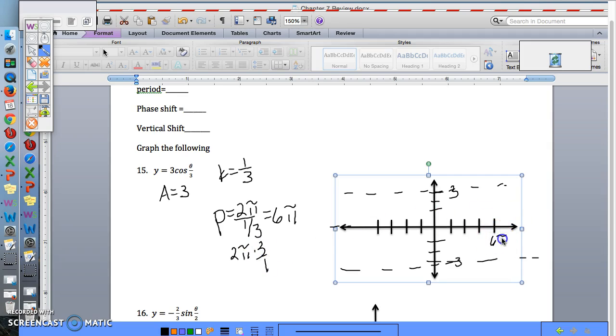So this is 6 pi. Halfway would be 3 pi, so 1.5 pi, that's what we're counting by: 1.5 pi, 3 pi, 4.5 pi. And there's no right-left shift, so we can just say cosine. Cosine starts high, middle, low, middle, high. Then we have middle, low, middle, high.